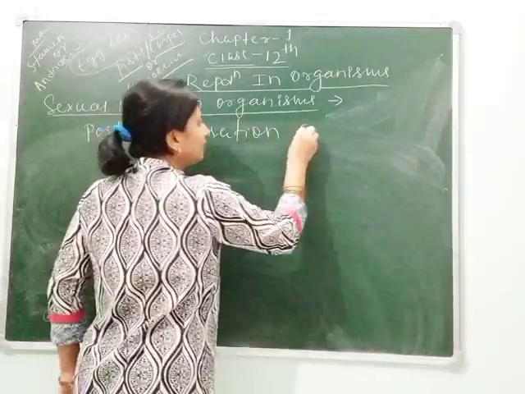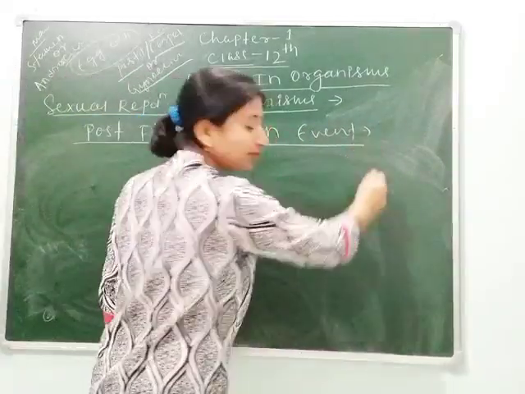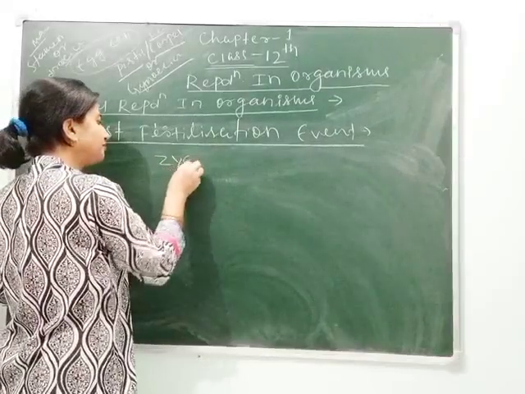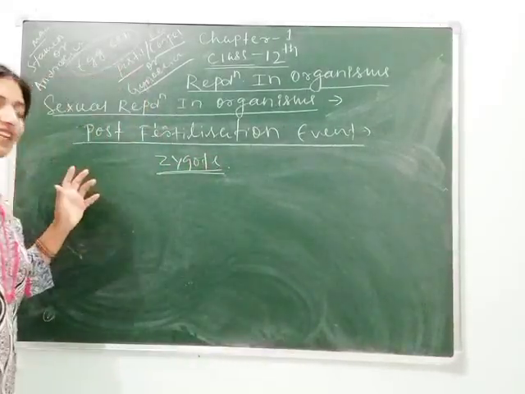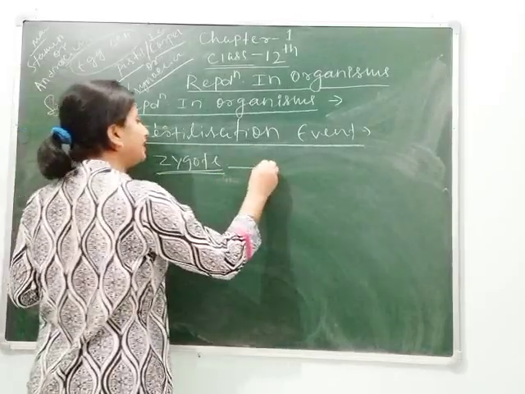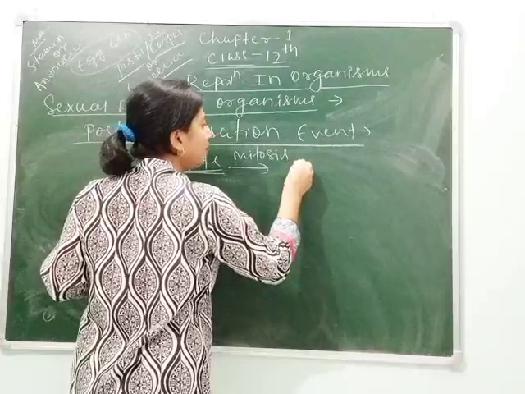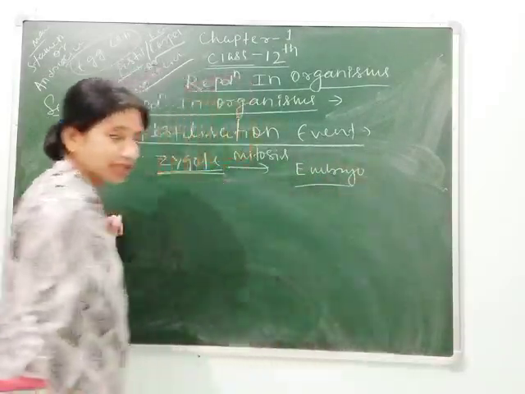As we know, the post fertilization events occur after fertilization. After fertilization the zygote will form, and the zygote starts dividing mitotically. It goes through mitosis to form the embryo, and that process is called embryogenesis.